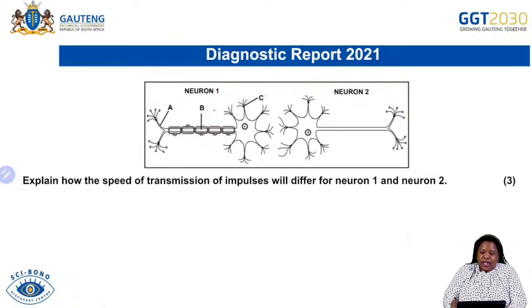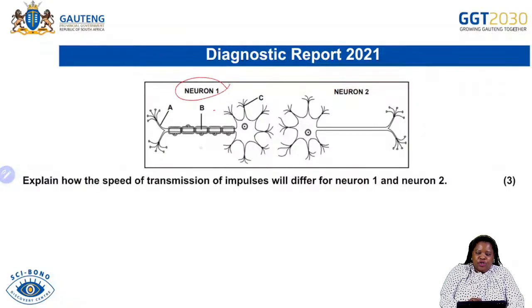Now, the question says, for 3 marks, explain how the speed of transmission of impulse will differ for neuron 1 and neuron 2. Here is neuron 1, here is neuron 2. Do you think the transmission of the impulse will differ between the two? Yes, it will differ.